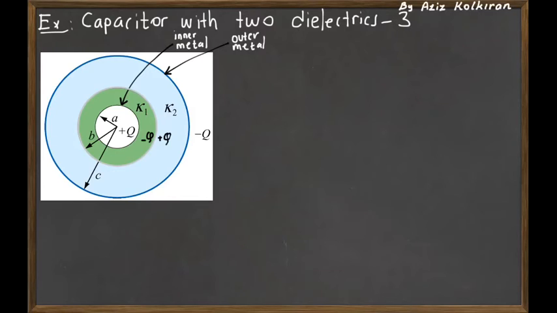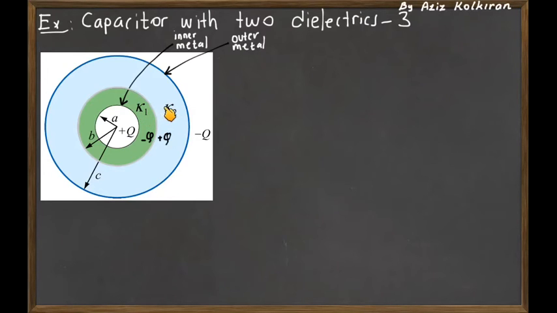Why? Because there will be no potential difference between K1 and K2 right at the border. And when you put this metal shell, the inner surface will accumulate minus Q charge and the outer surface will accumulate plus Q charge because of the electric field inside K1 and K2.